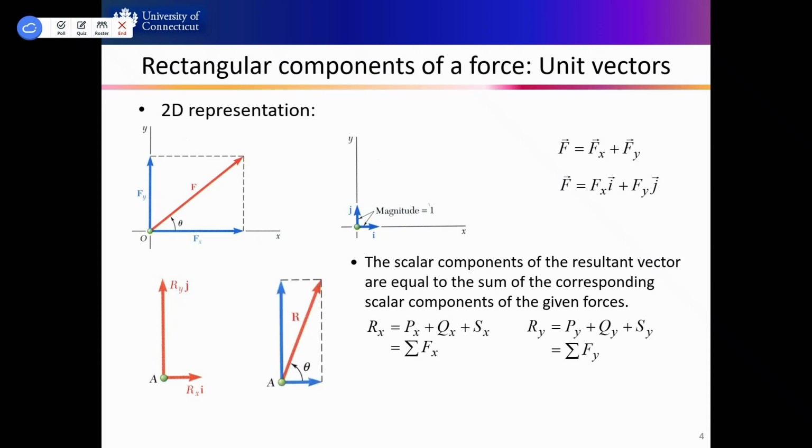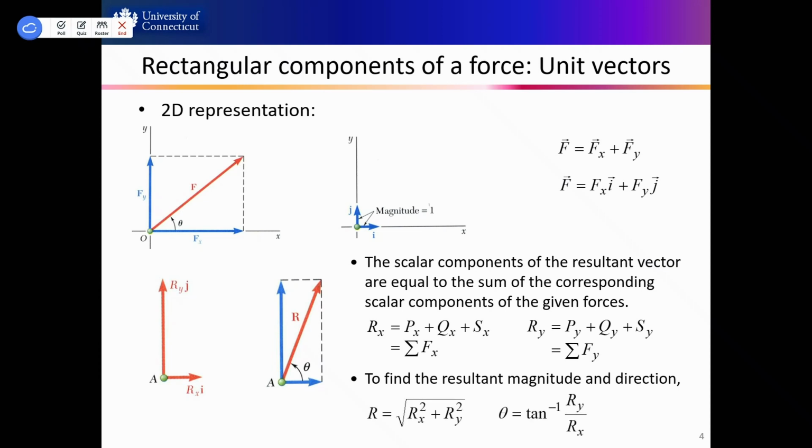So after calculating that, graphically we see this is the magnitude, and this is the direction, theta, of the resultant. And then the mathematical equation to find the magnitude and direction: for the magnitude, we apply the Pythagorean theorem, or distance formula, right?